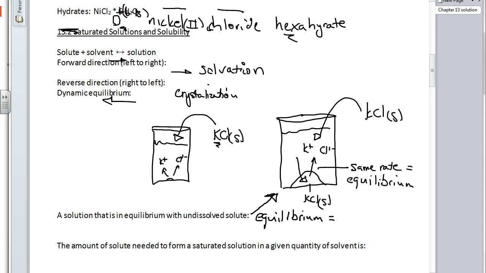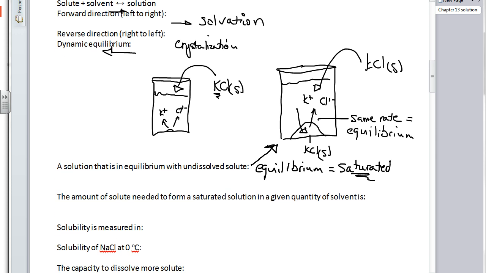We also call this solution that's at equilibrium with some undissolved solids saturated. And that's the important word. A saturated solution has some undissolved solid in the bottom of it, and there's continual ionization and crystallization occurring.